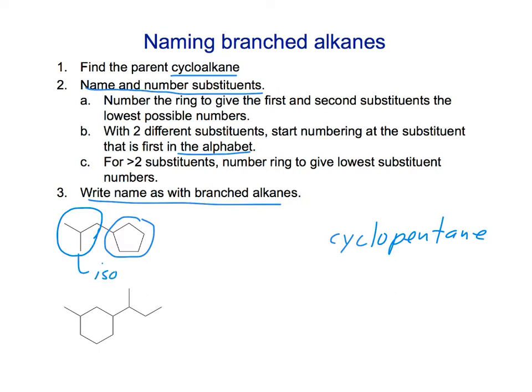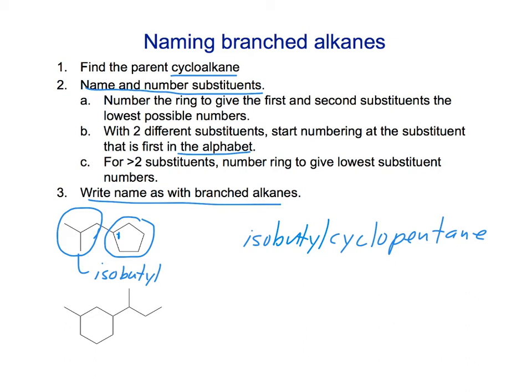This is isobutyl. So we just write isobutylcyclopentane. Like I said, if there's only a single group, it will automatically be number 1, so we don't have to actually add that into the name.